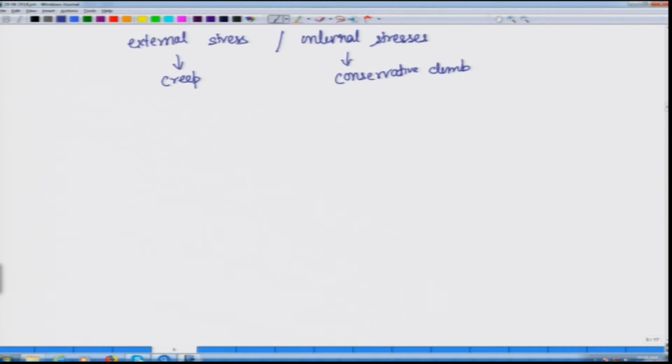Now, except for the conservative climb, we have seen that creation and annihilation of point defects is involved. In the simplest case, it will only be vacancies, but people who are familiar with steel would know that carbon atoms also sit in the dislocation core, and therefore, those interstitials would also act as point defects.